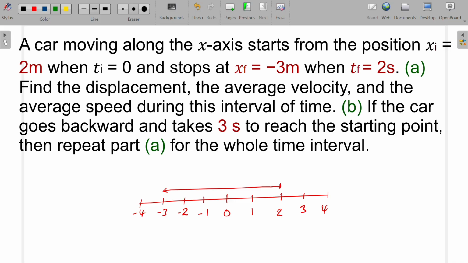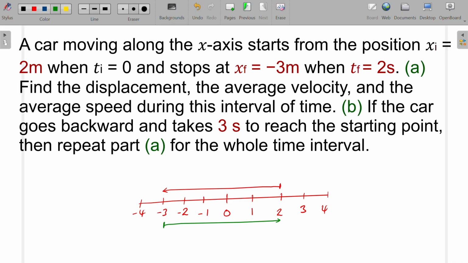So let's show that. It means now this is moving from that point back to this point. So this is again another starting point going backwards. So now let's answer the question.